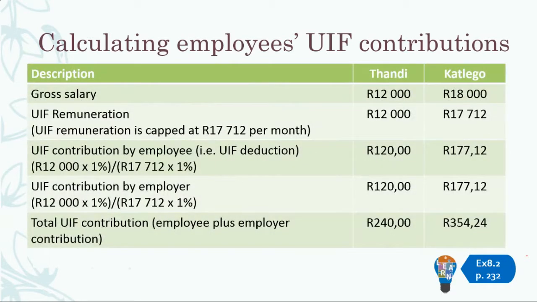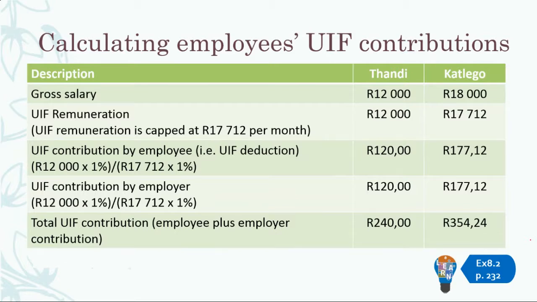So you can see the gross salary for Tandy is 12,000 Rand. Katlego is 18,000 Rand. So remember, the UIF contribution is based on the UIF remuneration. So our UIF remuneration for Tandy is 12,000 Rand, same as her salary, where Katlego's is capped at the 17,712 per month.